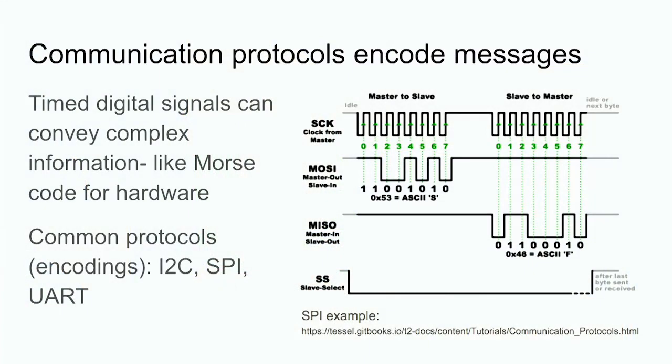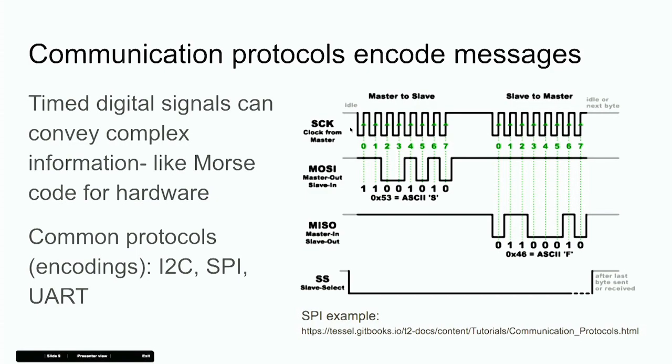Because we only have that very simple information, we have to add the third dimension of time, right? And you all are probably familiar with Morse code. What we use is communication protocols. So we toggle ones and zeros with specific timing on specific wires in encodings that create more complex messages. For example, over here in this diagram, this is using a protocol called SPI, which we aren't going to use for this accelerometer.